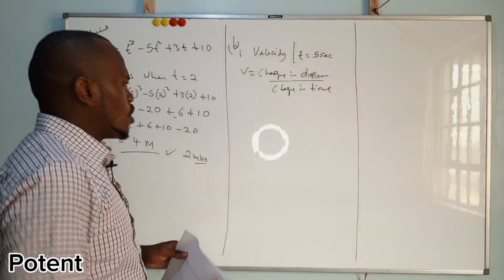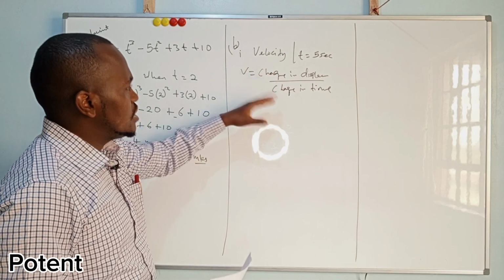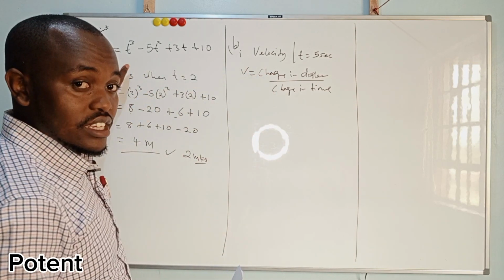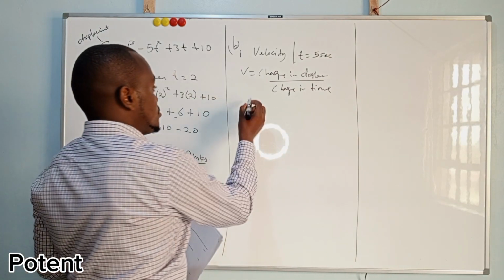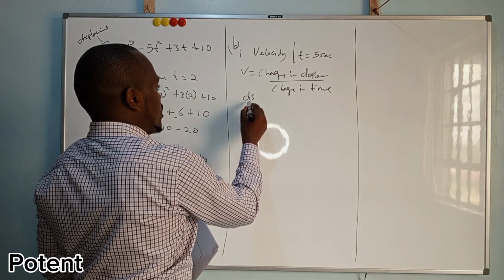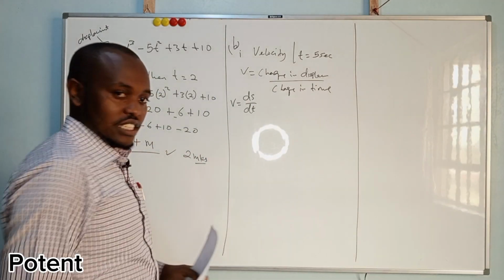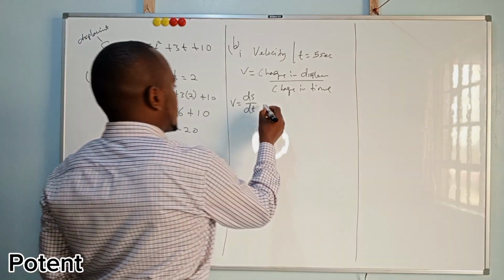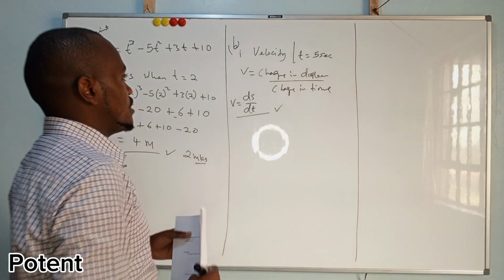Change in s over change in time is differentiation, which we say ds over dt. So v equals ds over dt. And this is what we are supposed to solve, replacing t with 5.